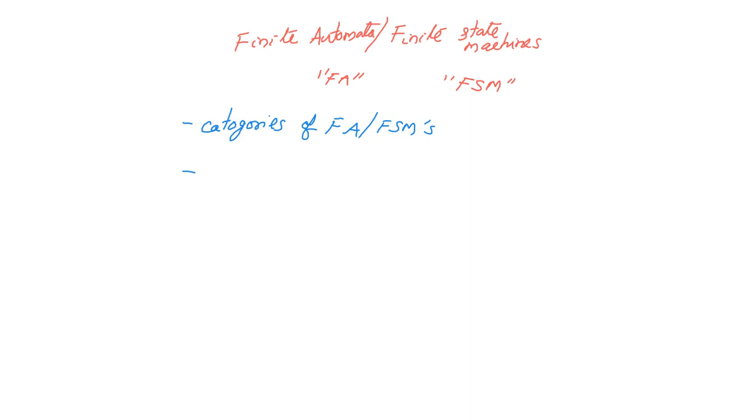So once we are familiar with the construction of FAs, then when we look at the mathematical definition of how to create an FA, it will become more clear to you. So basically, we will look at a few examples of constructing an FA, finite automata.